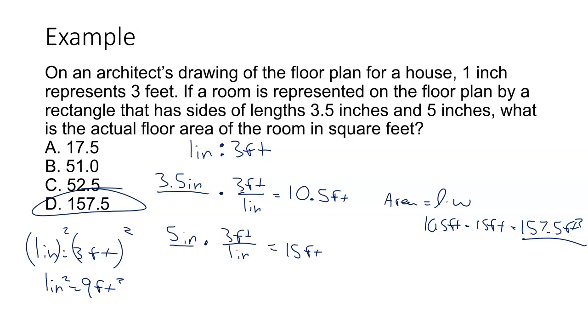So if you found the area first, which you can do, 3.5 times 5, and then multiply it by 9 instead of 3. Be very aware of what your units are, whether you're dealing with linear or area. Okay? Questions on that?